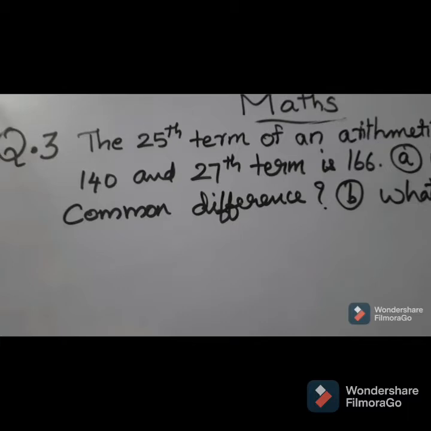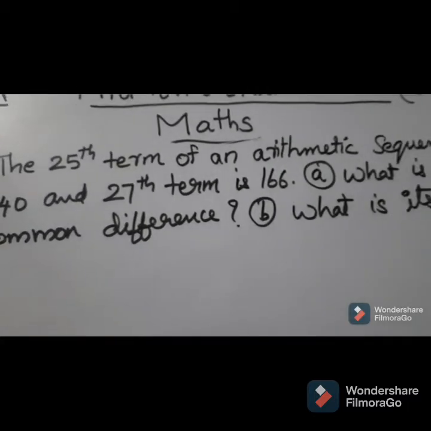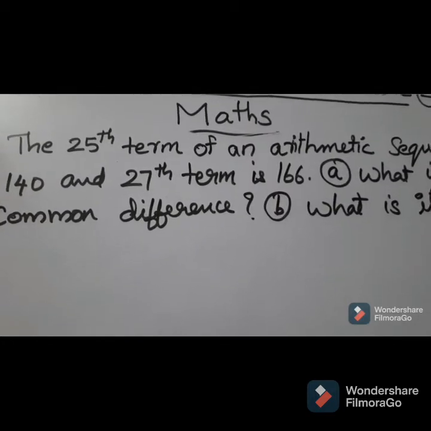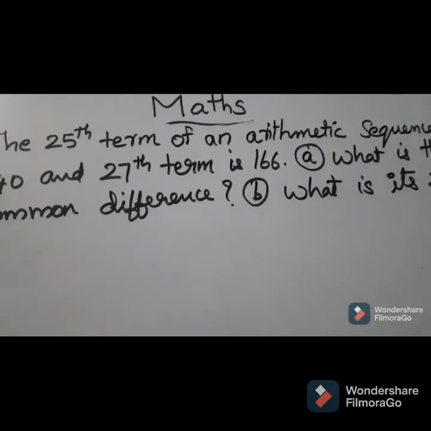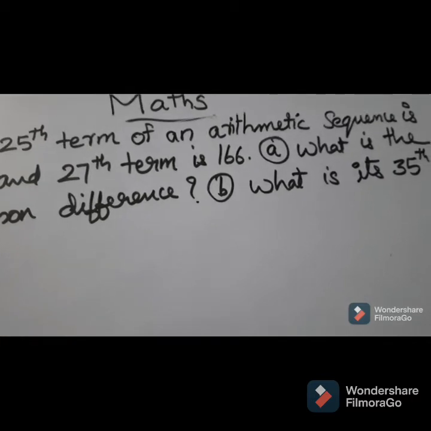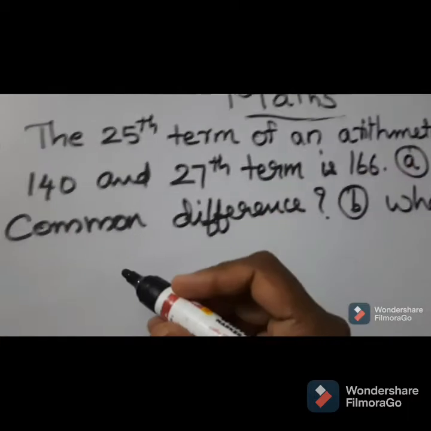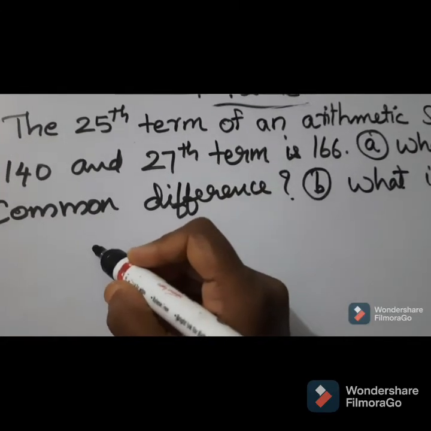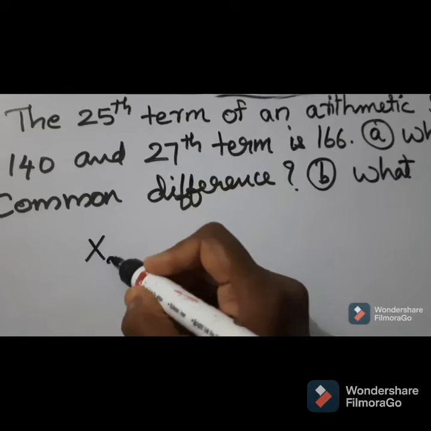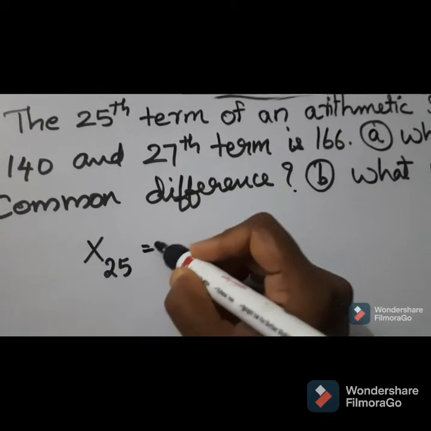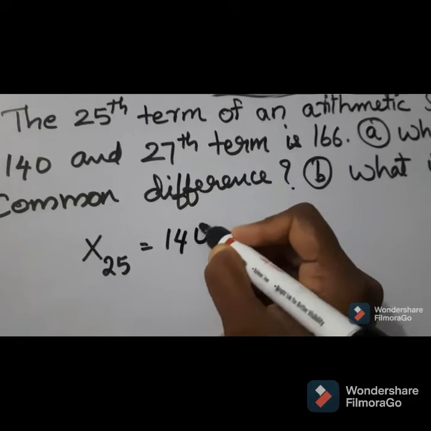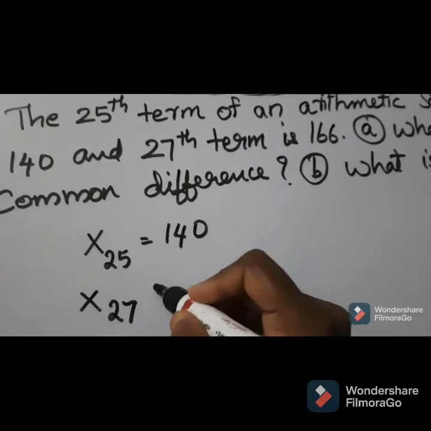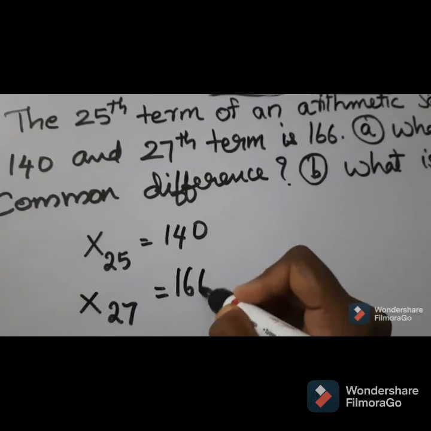Third question. The 25th term of an arithmetic sequence is 140 and the 27th term is 166. First question, what is the common difference? They have given the 25th term, that is x25 is 140, and x27 is 166.